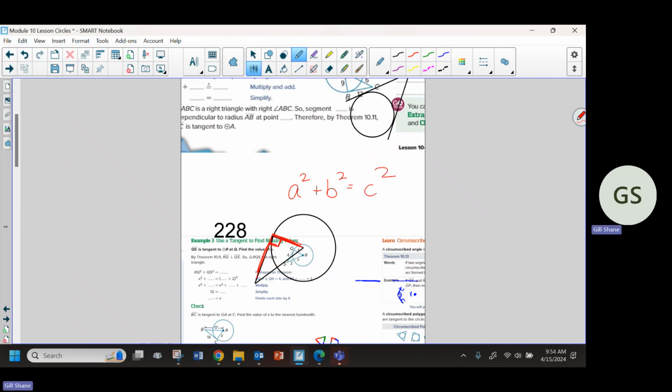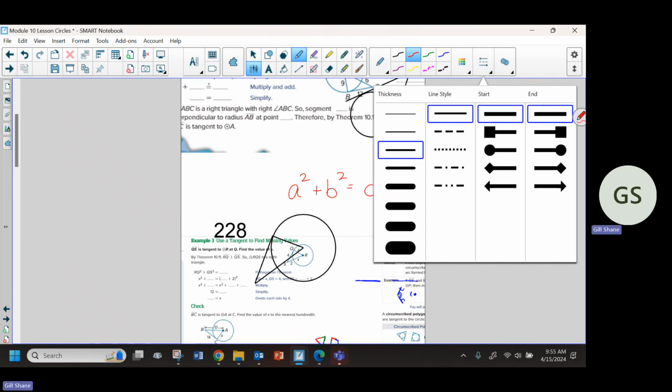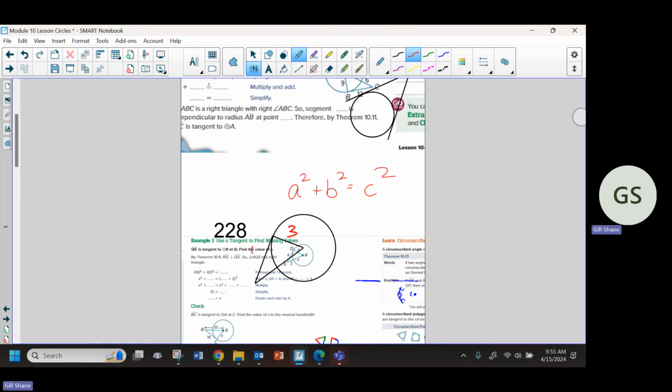What it boiled down to, if you want to know if it's tangent, which is one of the questions on the quiz, is you would just solve and see if it's a right triangle. We can't do it in that one, but there was a problem somewhere above. If you have all three sides of that triangle, so if I said that's 3, that's 4, that whole side is 5.